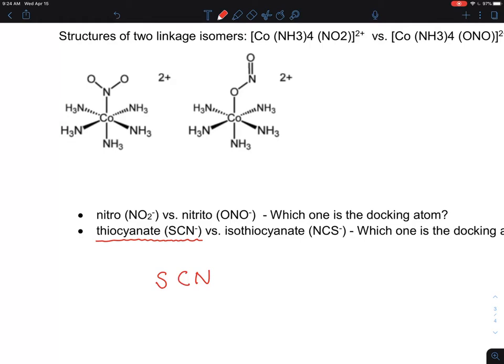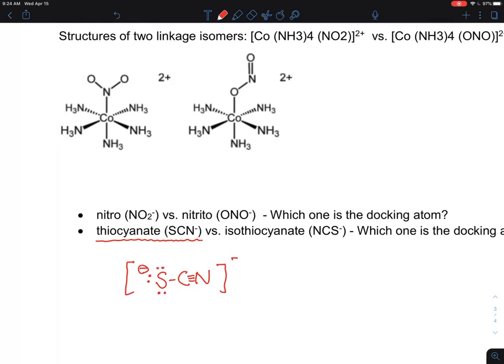If you draw the Lewis structures, this one has the triple bond and single bond. Sulfur and oxygen are in the same column in the periodic table, and they like to satisfy the octet rule. They develop the negative charges there. So when you see that, this is a negative charge for the thiocyanate.